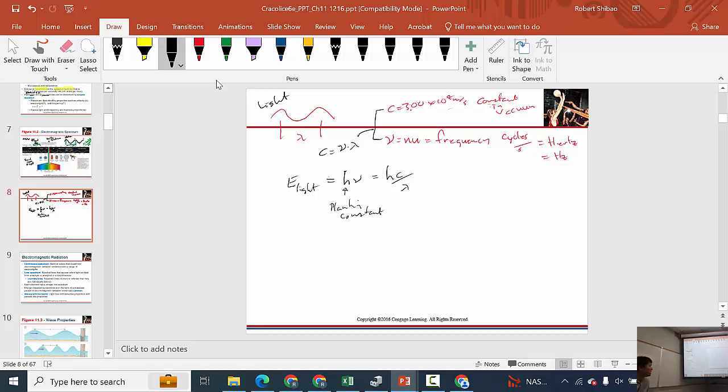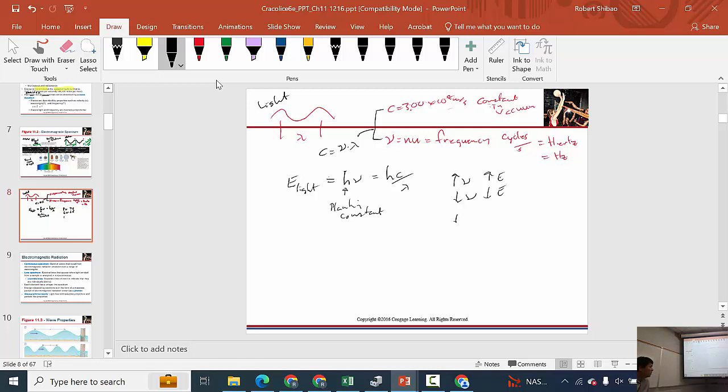And so what this says is that the higher the frequency, the higher the energy. The lower the frequency, the lower the energy of the light. So gamma rays have very high frequencies, so very high energy light, whereas visible light has lower frequencies, therefore lower energies.